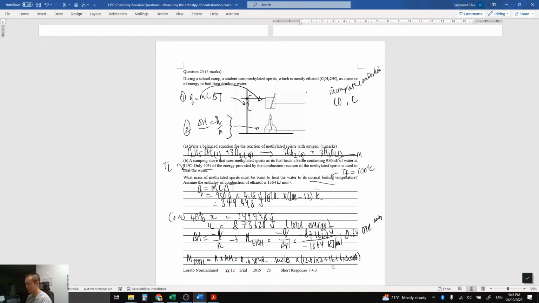Okay, what does that equal? 12.01 times 2 plus 16 plus 6 times 1.008, which is 46.068. And then that is equal to, sorry, that's equal to 29.5 grams.